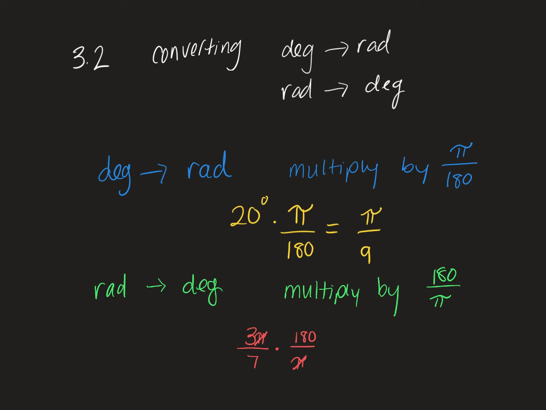Technically you're doing 180 times 3 divided by 7.